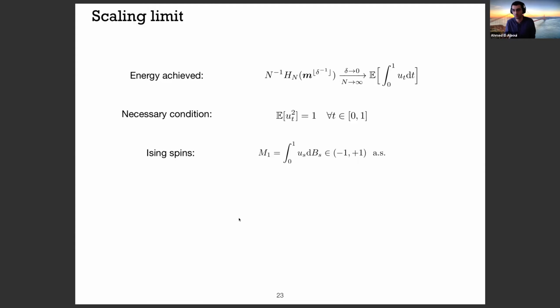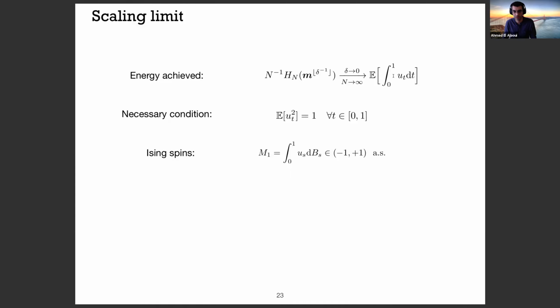You want it to be between -1 and 1 so that you can at the end just round it to the closest value. It turns out that the optimal one, if you optimize over these u's, this M1 will actually be either +1 or -1 almost surely, but that will come later.